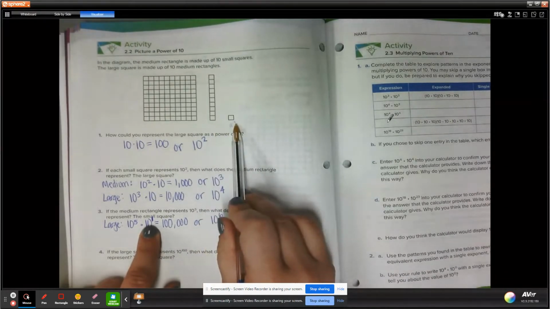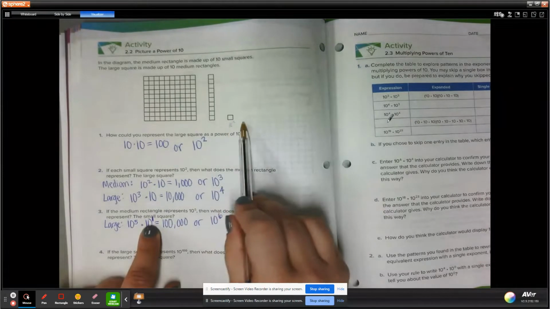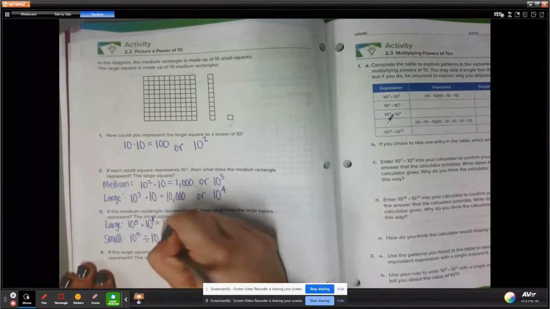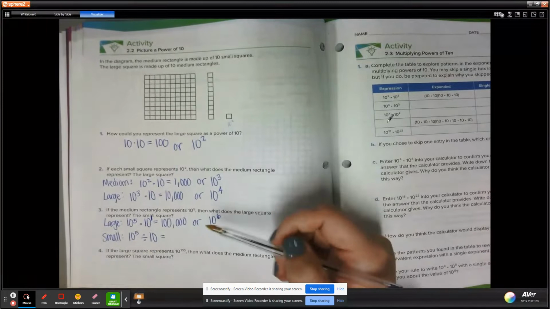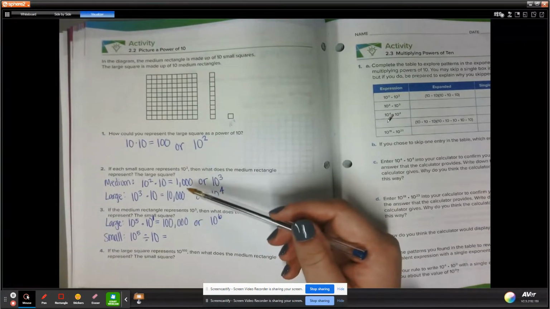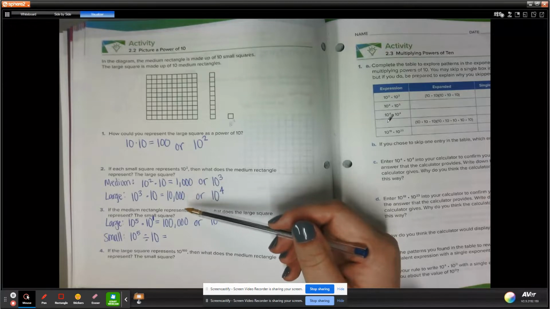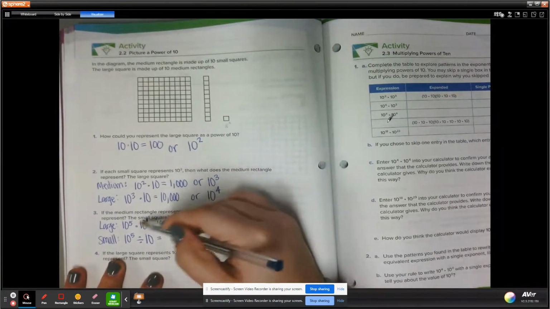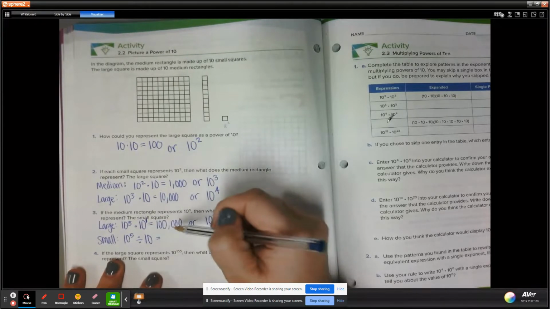The small square, well, now we're going backwards. So instead of 10 to the fifth, it's 10 times smaller. So for the small, we would have 10 to the fifth divided by 10. So that would be like saying, oh wait, this was a mistake. 10 to the fifth is 100,000.